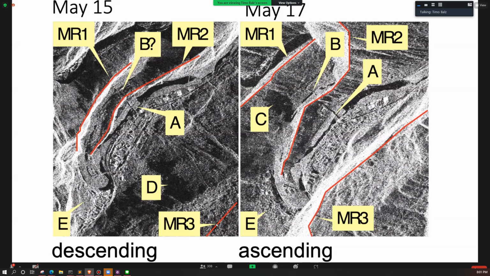Okay, and due to the geometry, in this extreme case, we need both ascending and descending images, which makes the whole process slower because you need to wait until you get 2 images to really see the full damage. You also saw the layover effect in action, right? And hopefully that helps you to understand a bit more about the layover.